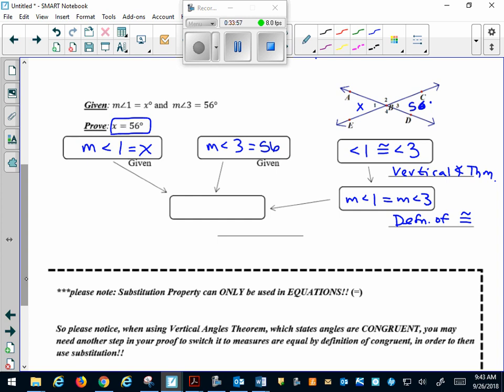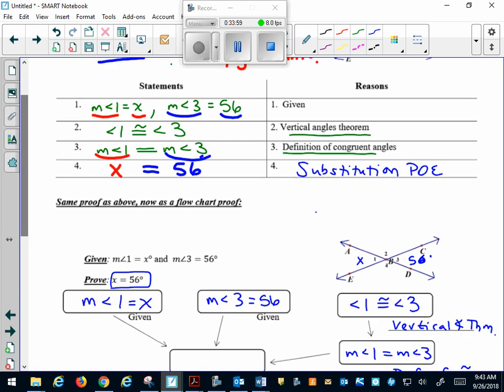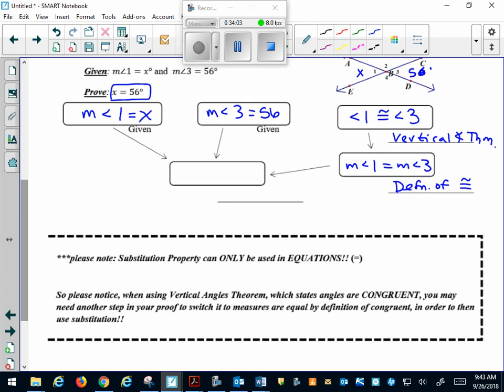Notice so far our reasons match exactly what we had up here. It's just a different format. Okay, so now look what's happening. We are going to take this statement that angle 1 equals x, and this statement that angle 3 equals 56, and this statement, and we're going to combine them all together.